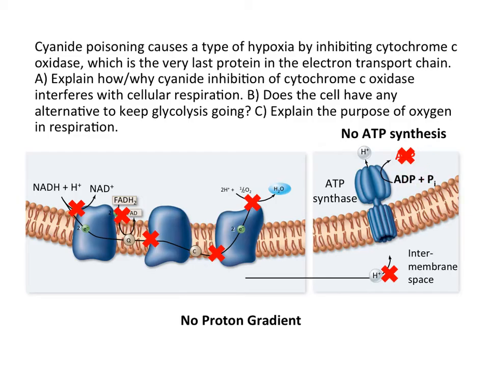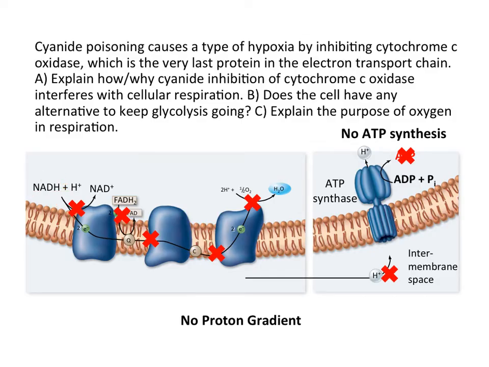So cyanide poisoning has the same effect on the cell as having no oxygen, because oxygen is the final electron acceptor. If you cannot give the electrons to oxygen, then you cannot move electrons through here. And the main purpose of the part of cellular respiration that takes place in the mitochondria is to harvest electrons to bring to the electron transport chain.